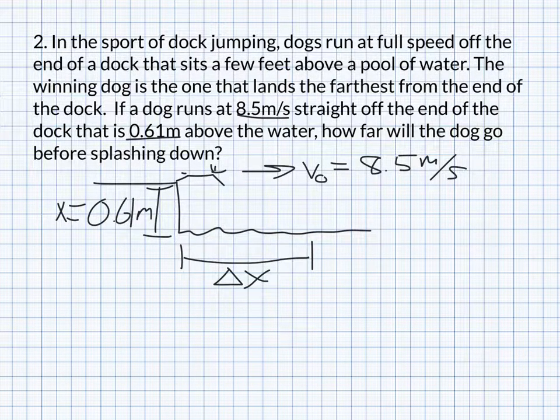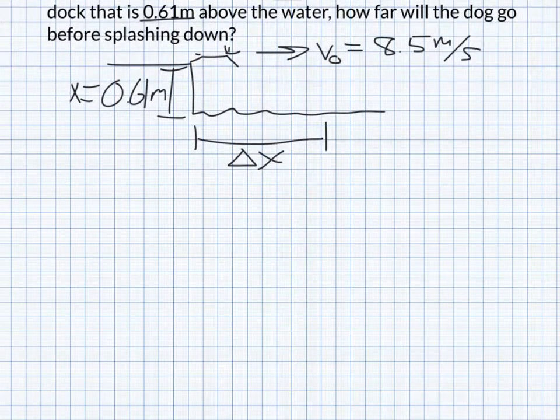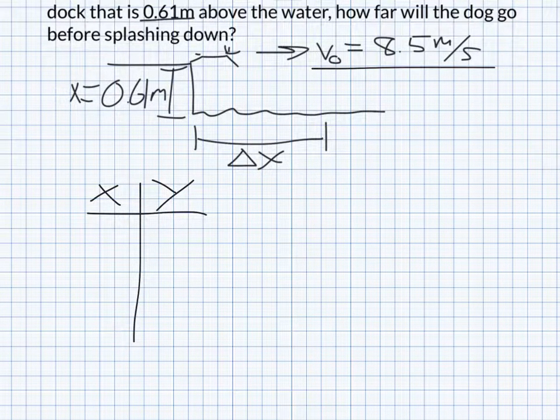Whenever I do projectile problems like this one, which is most projectile problems, I like to separate my givens into columns so that I know which ones are in the y direction and which ones are in the x direction. So this v naught was in the horizontal direction. That's an x given. So that's a v naught equals 8.5 meters per second.